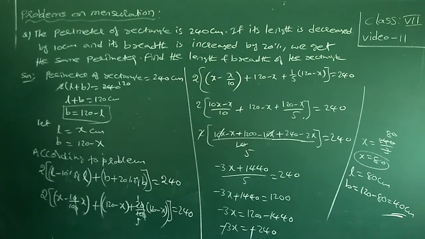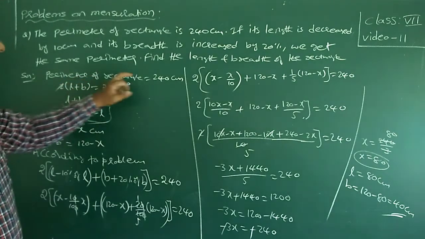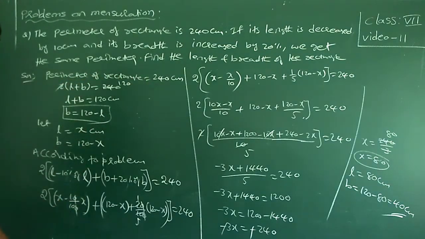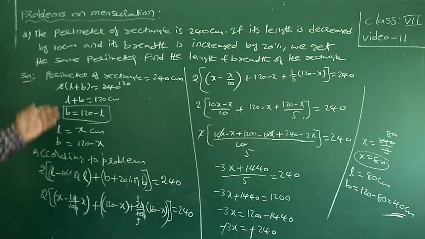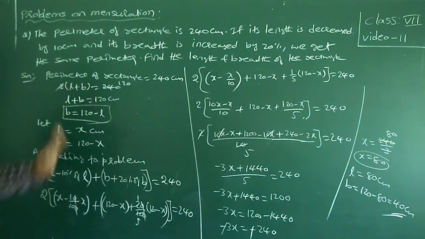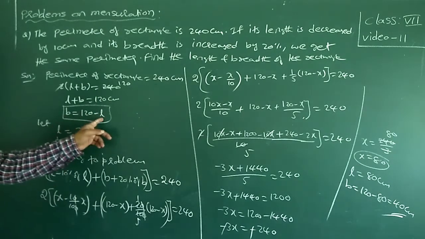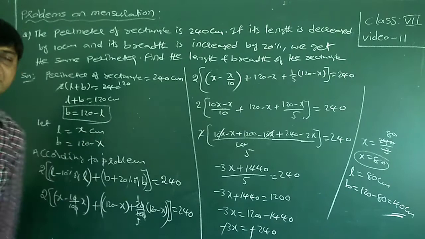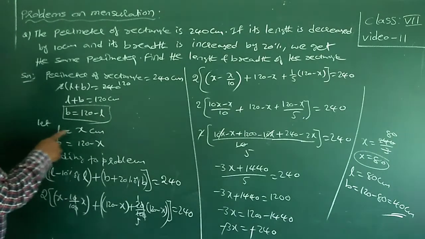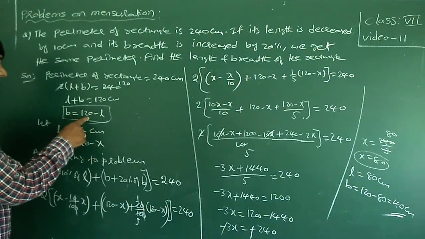Okay, see here. The perimeter of the rectangle is 240 centimeters as given. 2 into (L plus B) is equal to 240, so L plus B is equal to 120 centimeters. B is equal to 120 minus L, because the two are unknown values, so I converted the breadth in terms of L. Let us assume that length is equal to x, then breadth becomes 120 minus x.